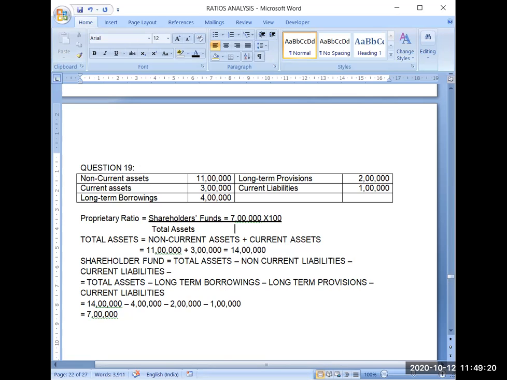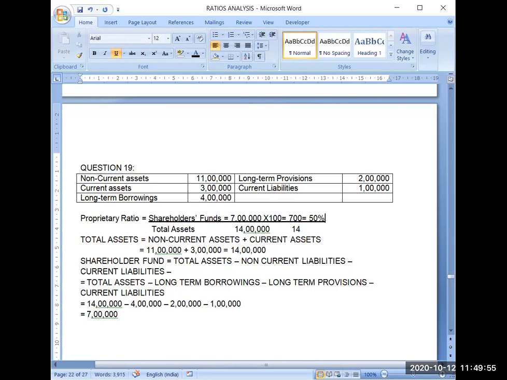So now total assets are 14 lakh. So this way, if I will calculate it further, it will become 700 upon 14, and this can be expressed as 50%.